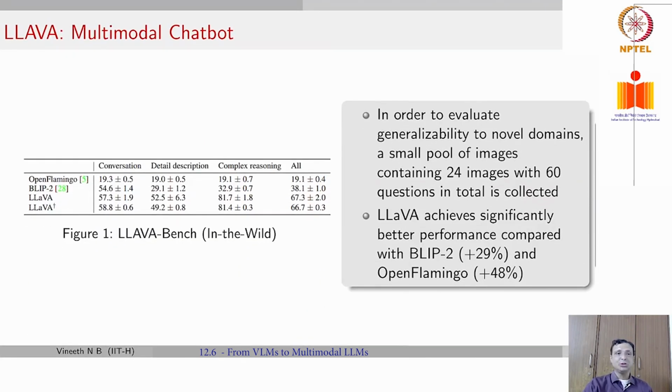Once this dataset was used to train the LLaVA model, they showed that it gives significantly strong performance. To evaluate the generalizability to novel domains, they considered a small pool of 24 images with about 60 questions in total, and they showed that LLaVA significantly outperformed models like BLIP-2 and OpenFlamingo.